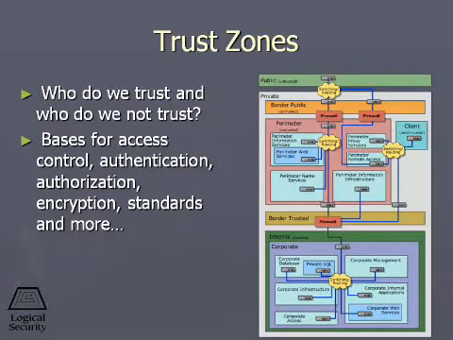We also need to recognize that different areas, or aspects, facets of our organization have differing security demands. In the example here we see we have the public internet at the top with a DMZ, demilitarized zone, in the middle. This is where our publicly facing web resources are provided to the internet.